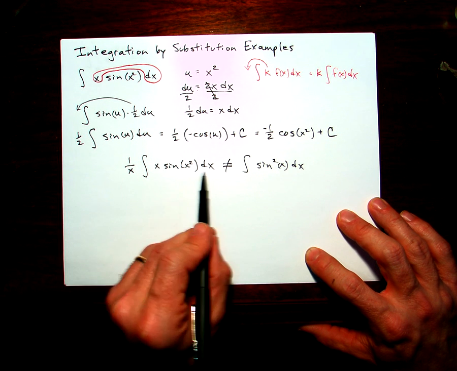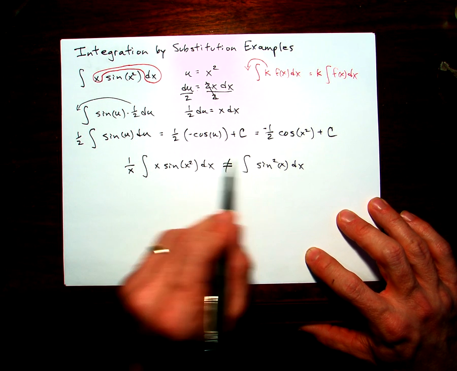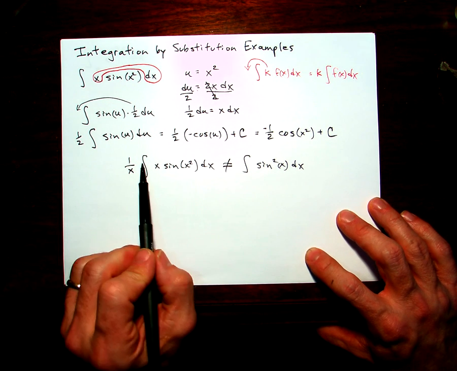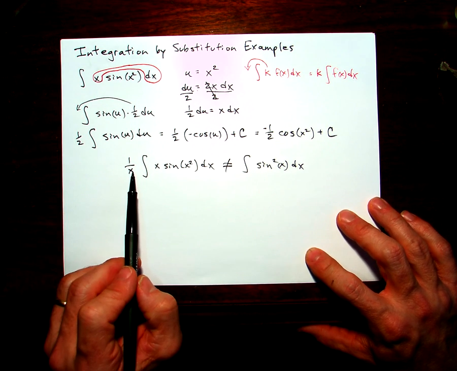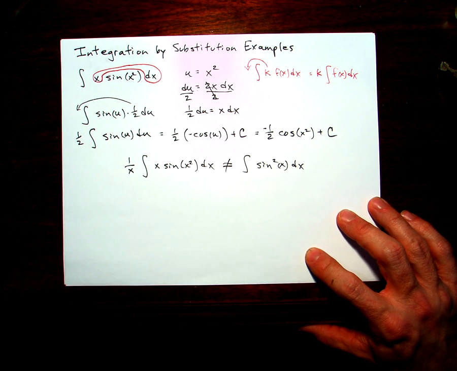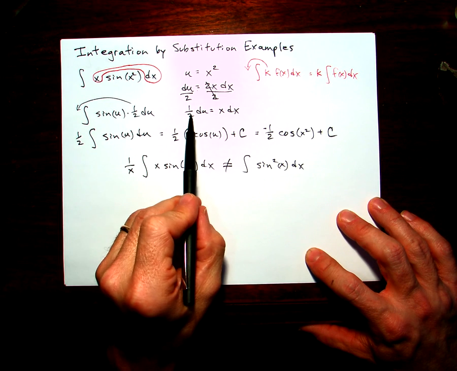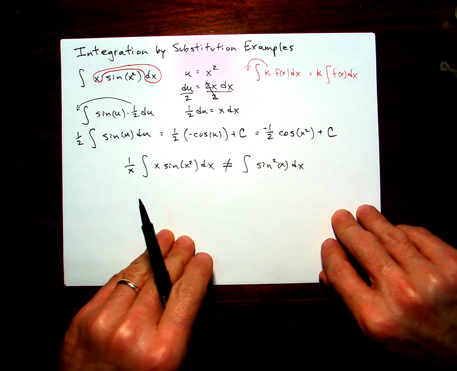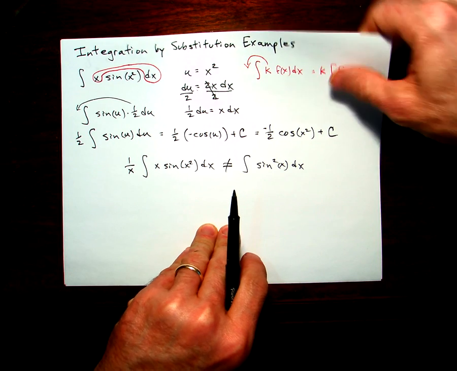If we could do that, then we could just take everything to the other side of the integral, and integration would be really easy. So that's something to be aware of: what we're looking for is a function and some multiple of its derivative. And in that case, we can divide out that constant and bring it out front. Okay, so that's one example.